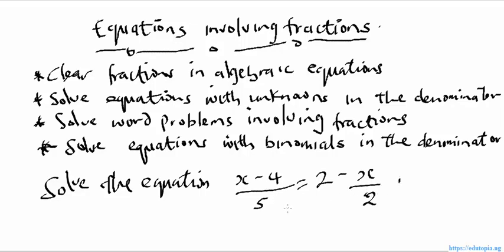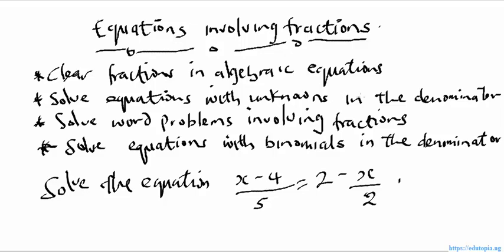Now the denominators here are 5 and 2, and the LCM of 5 and 2 is 10. Simply multiplying 5 by 2 gives you 10.